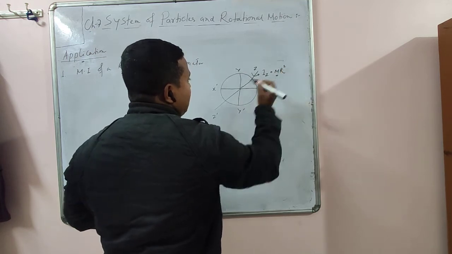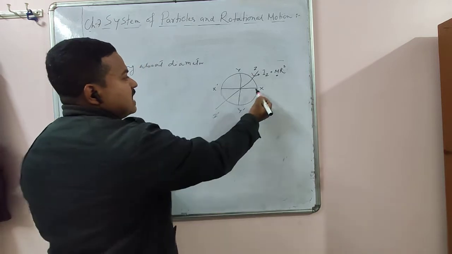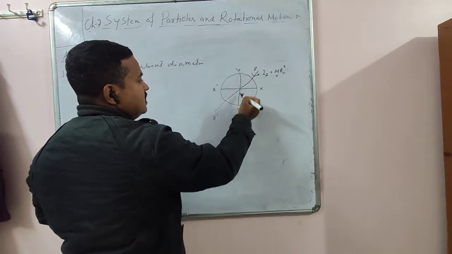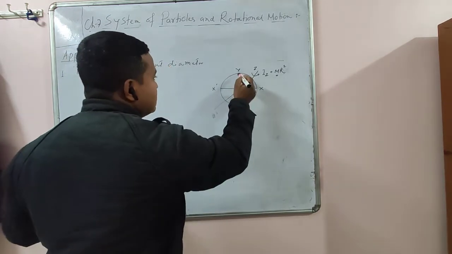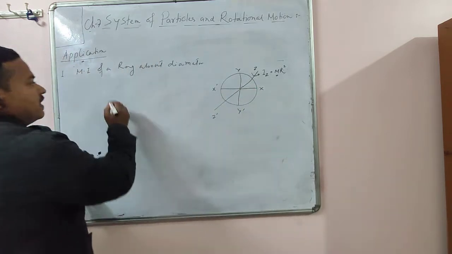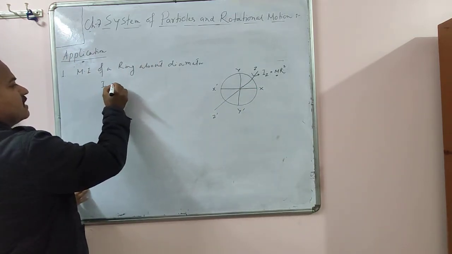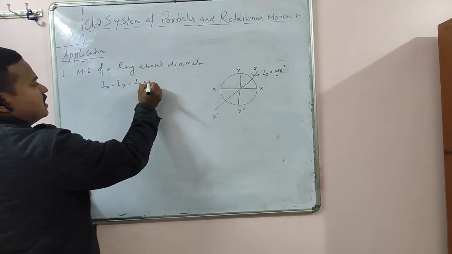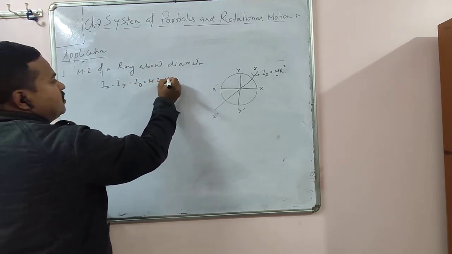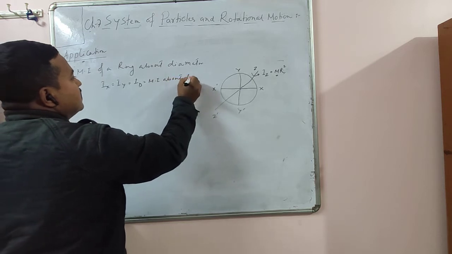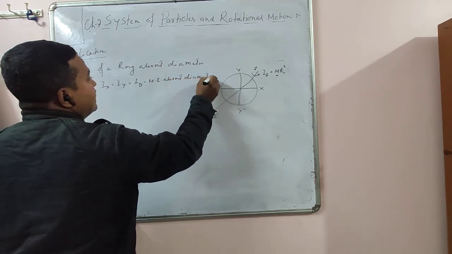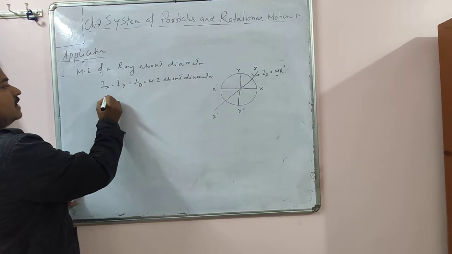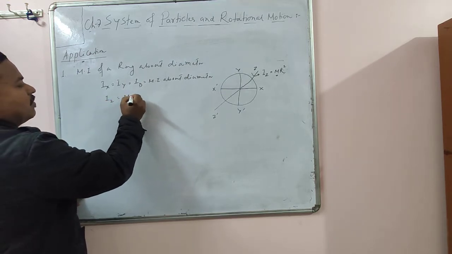Since the two diameters are equal, Ix is equal to Iy, that is Id, the moment of inertia about diameter. Iz is mr square.